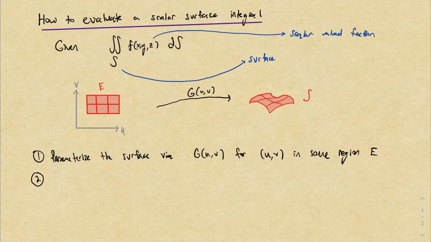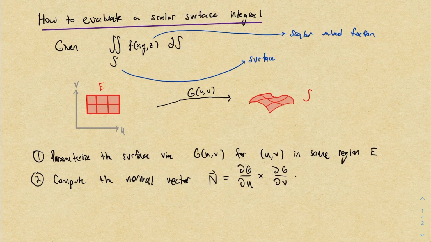Your second step is to compute the normal vector at every point on the surface. In particular, you want the normal vector given by the cross product of the partial derivatives of g. I'm not going to talk about this too much in this video, but the partial of g with respect to u and with respect to v, these are tangent vectors to the surface.